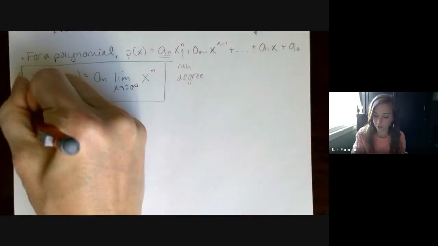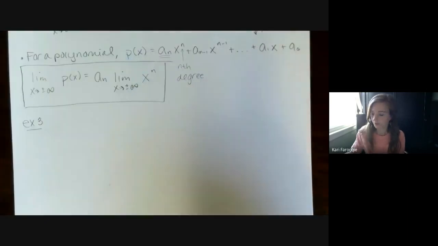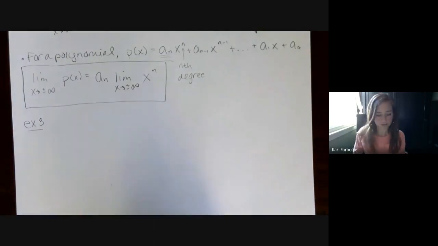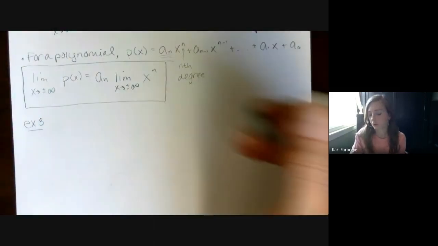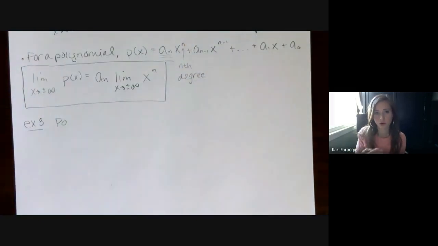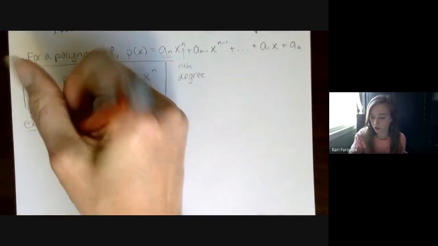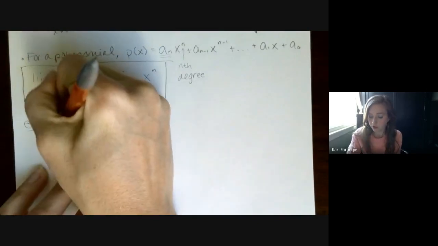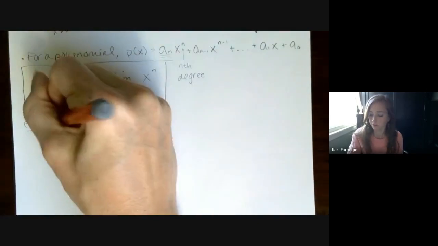All right, so this would be example 3. Find the polynomial limits at infinity, and then we'll move on to rationals after this, and you'll see how rationals just piggyback off polynomials.